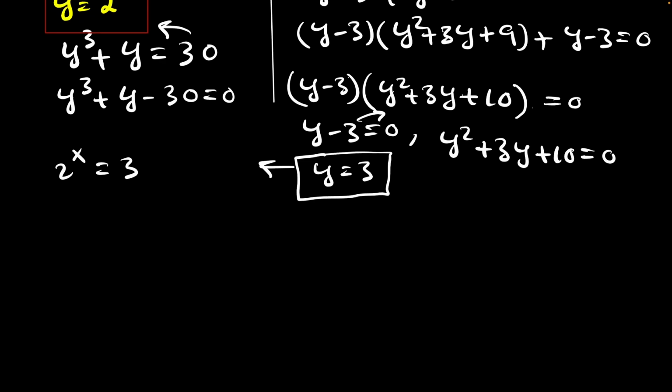In order to find the value of x, I'm going to take log from both sides of the equation, or I can write x is equal to log of 3 to the base 2. It means if I change the exponent form to the logarithm form, I could have it like this.